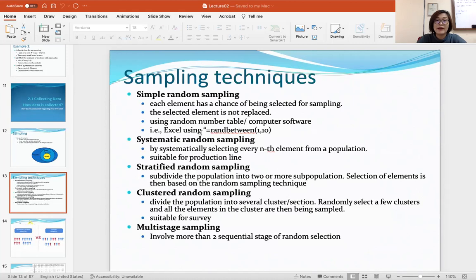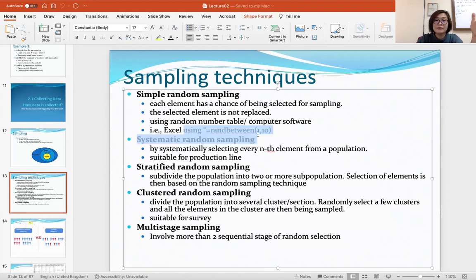There are general sampling techniques. Simple random sampling is quite often like a lucky draw. You have a bunch of vouchers and you just put in your hand and randomly pick one. Or you can use Excel. For example, in this example, I try to randomly select balls numbered 1 to 10. You just select them. Okay.